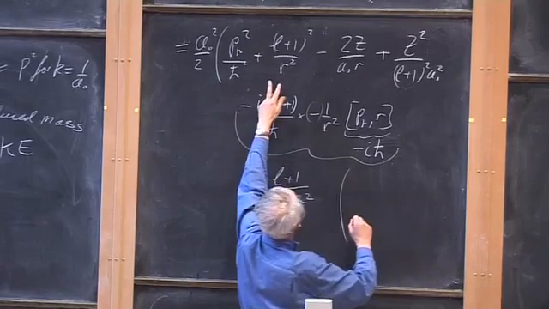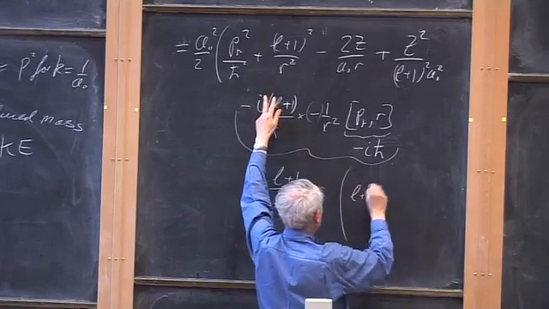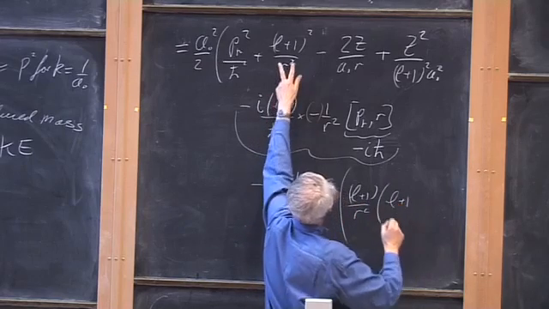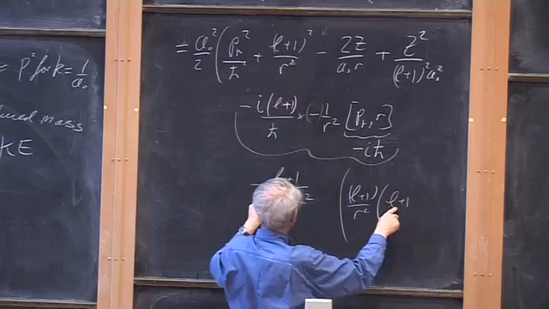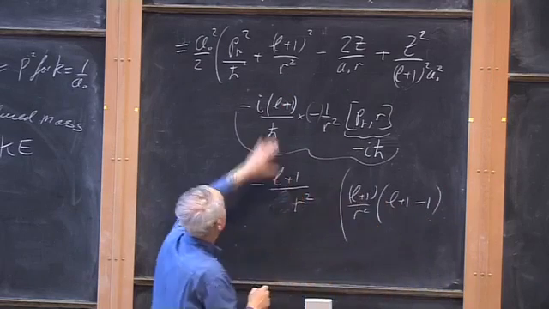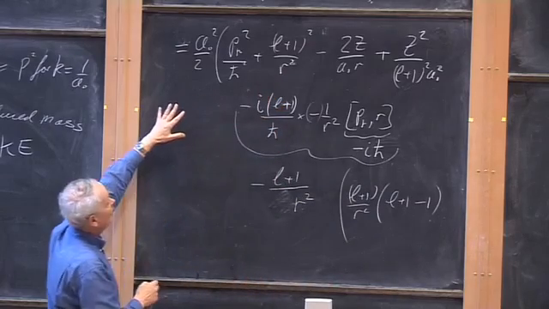So let's do this little side calculation here. We're going to have L plus 1 over R squared, brackets L plus 1 from up here. That's the L plus 1 squared minus 1 times this stuff. So you can see this is going to give me an L plus 1, which is exactly what I want.